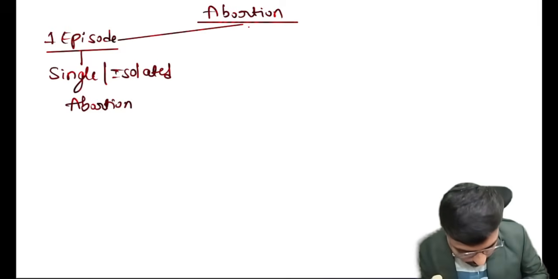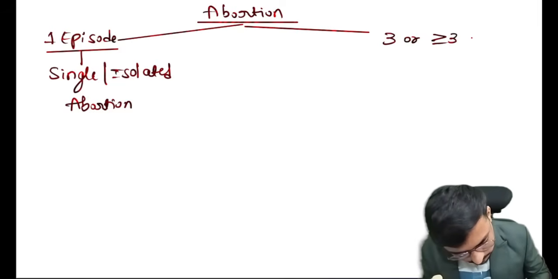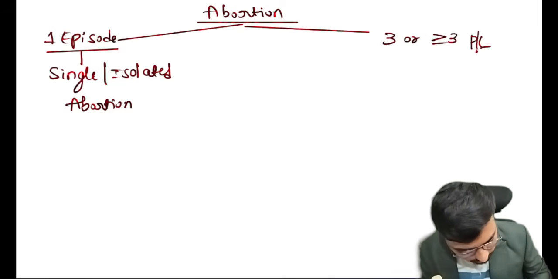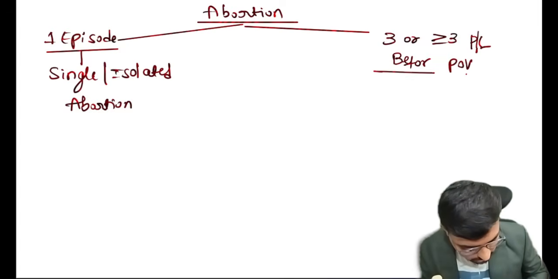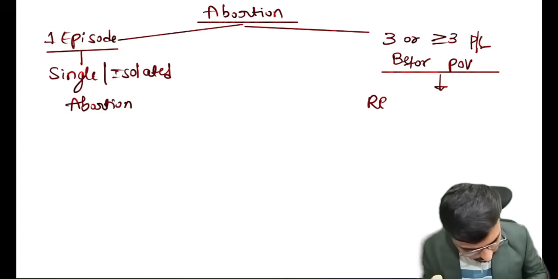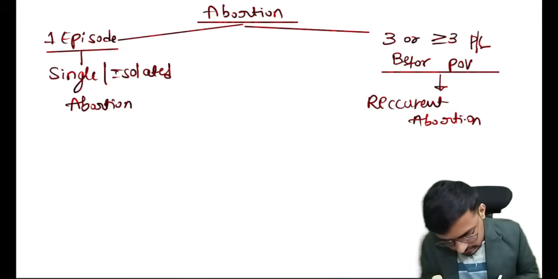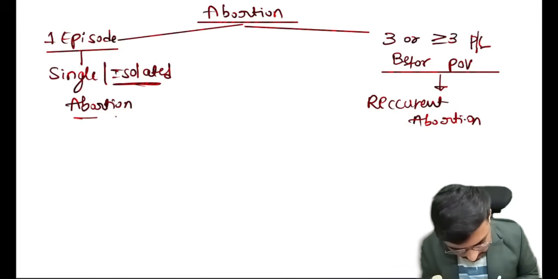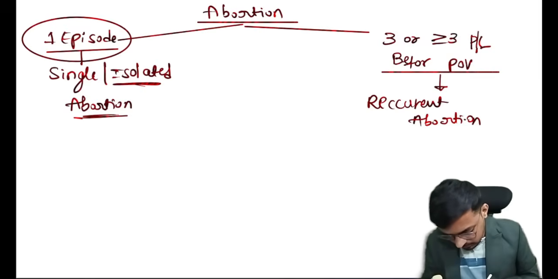If there are 3 or more pregnancy losses before the period of viability, we call this recurrent pregnancy loss, or recurrent abortion. Now the question is asking about isolated abortion, meaning there is recently one episode of abortion. Okay, so now comes to the question.